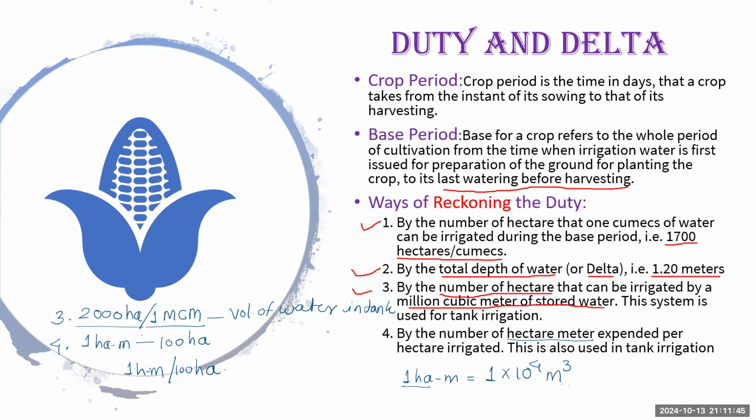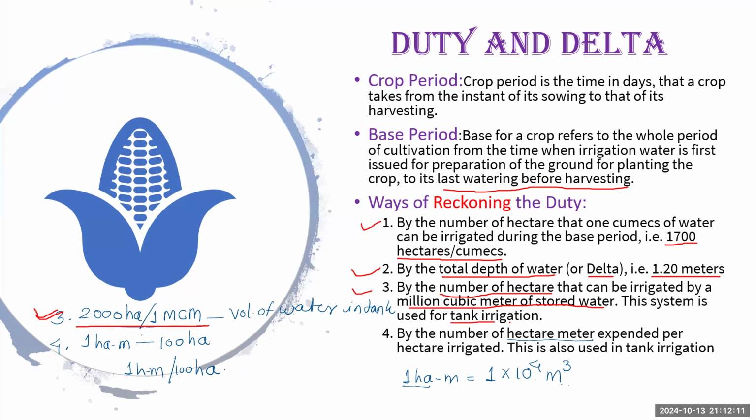This is how the duty is expressed. Here I have written the example of the third way of reckoning the duty: 2000 hectare area can be irrigated from 1 million cubic meter of water. This particular system of reckoning the duty is used in the case of tank irrigation.